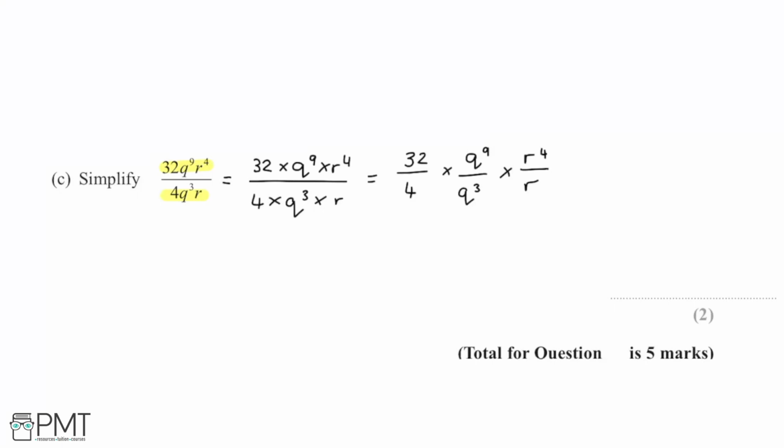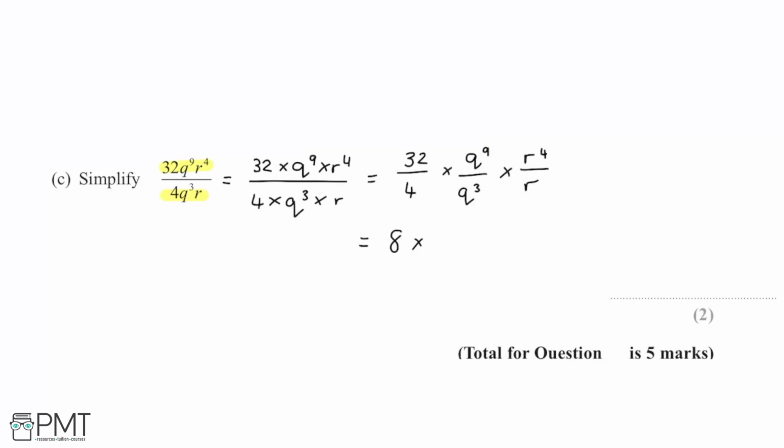Now this shows how we're going to work with the fraction. We didn't have to write it out like this to understand what we're going to do with the terms, but it is useful to see how it looks and how we're working with it. So now I can simply take all of these fractions, simplify them and multiply them back together. I can start with 32 over 4, that just gives me an answer of 8.